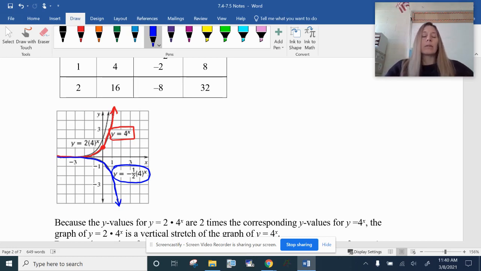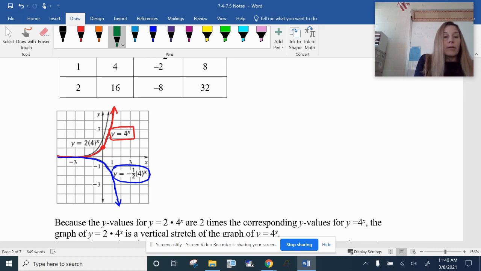That doesn't really make sense. So while it's a theoretical graph that can be plotted, it's not exponential growth or decay because it's in the negative realm there. And then you have the third graph, which is very similar to the first one.